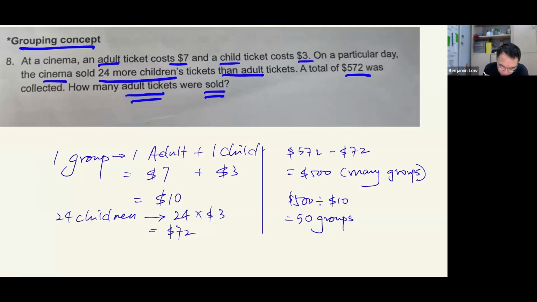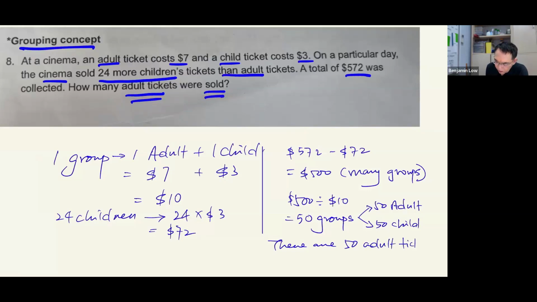And that's the answer, by the way. Okay, I like to do it this way. So 50 adult, 50 child. So to answer the question, how many adult tickets? There are 50 adult tickets.